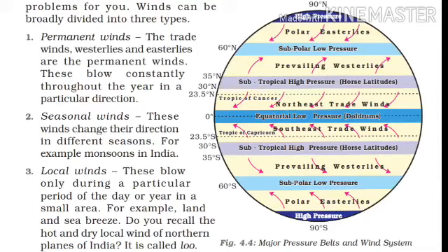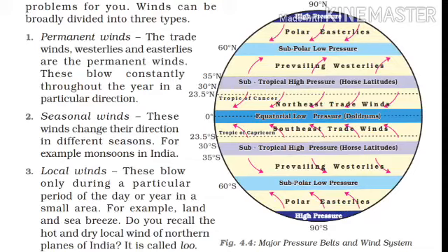The winds that blow from the permanent high pressure belts towards the permanent low pressure belts maintain their directions of flow throughout the year. They are called permanent, prevailing, or planetary winds.